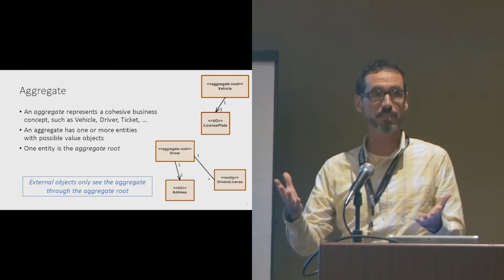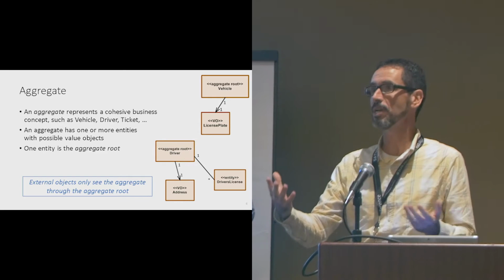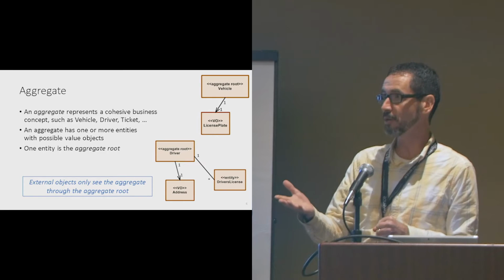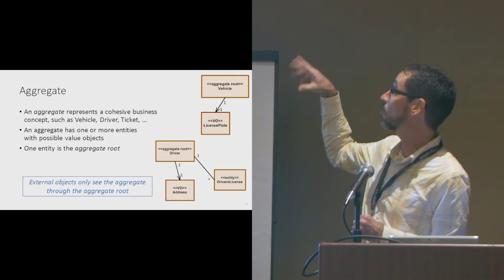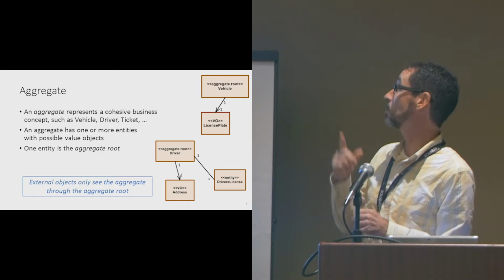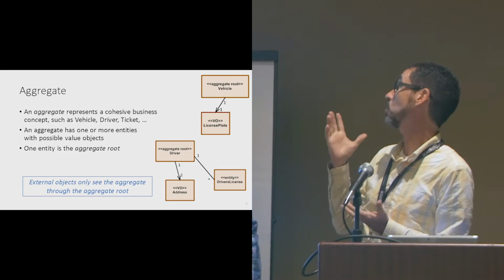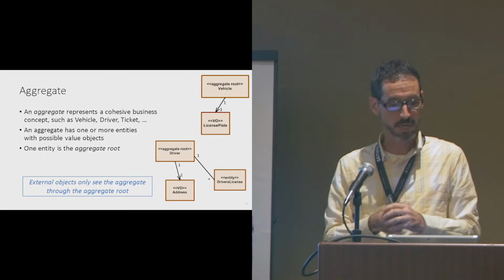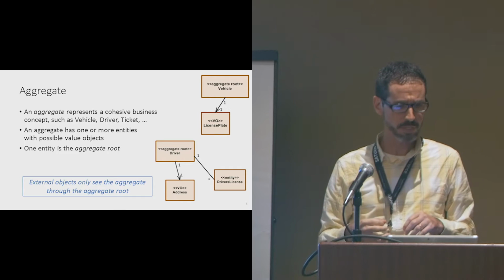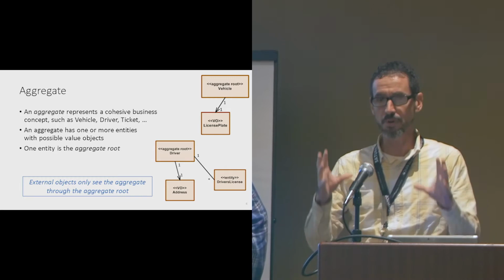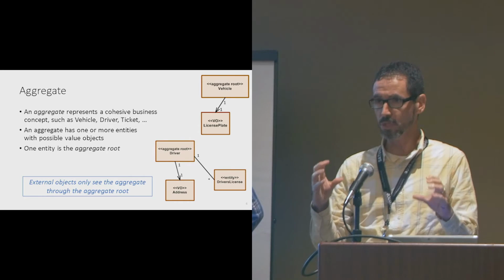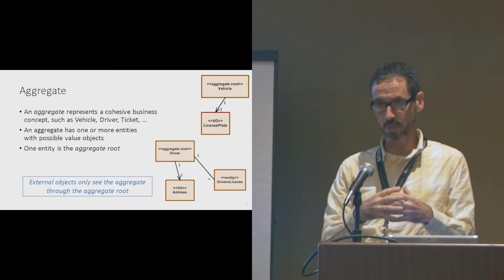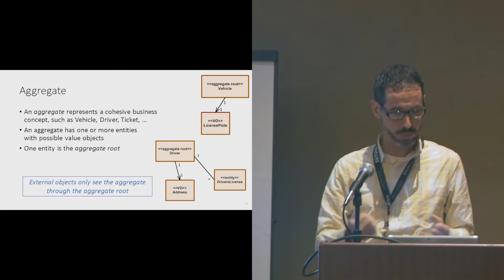So accessing data or behavior in that aggregate has to go through the aggregate root. On the right we see a couple of examples of aggregates. The one on top has vehicle, and vehicle has a VO license plate. So what we have as an aggregate is a small set of entities that are tightly connected logically. They have cohesion, all right?